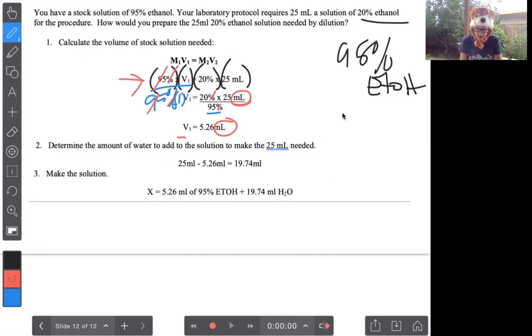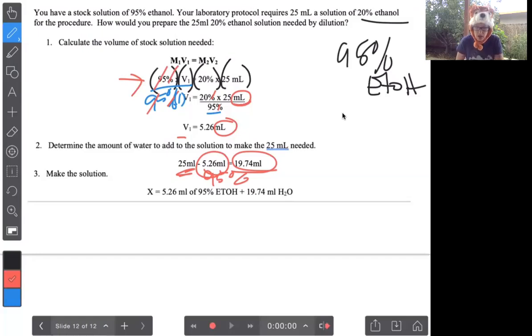So 5.26 mLs of 95%, right? Plus how much water then? Well, if you want 25 mils and 5.26 mils of it is ethanol, we want 19.74 mils of water.